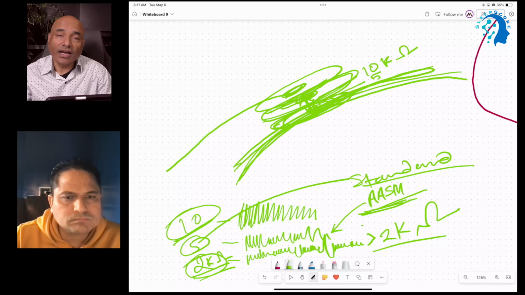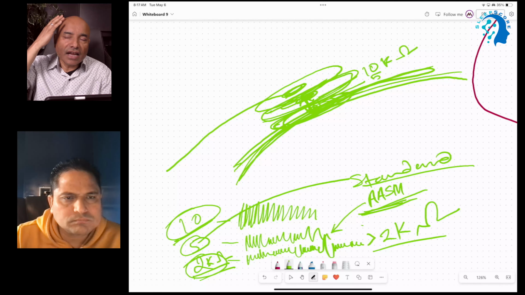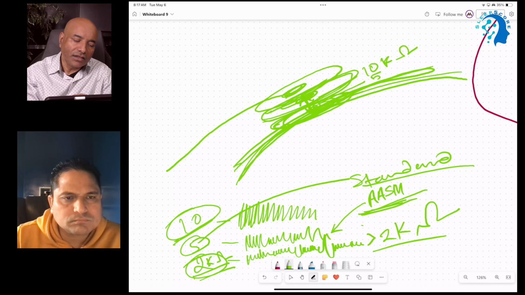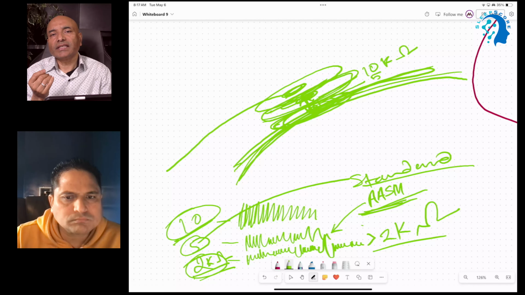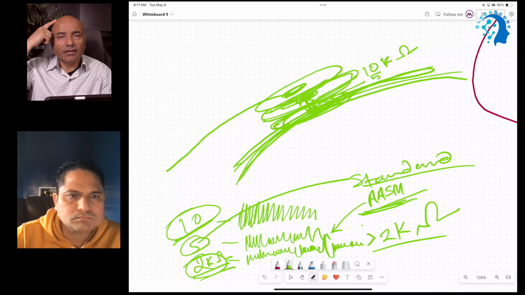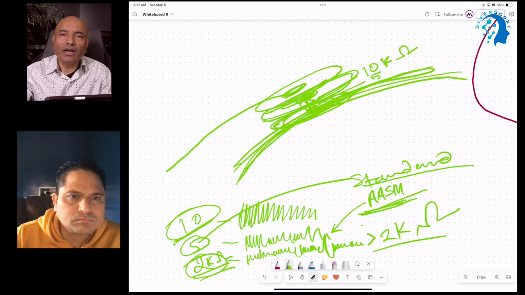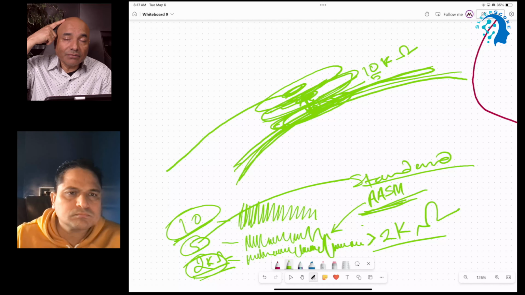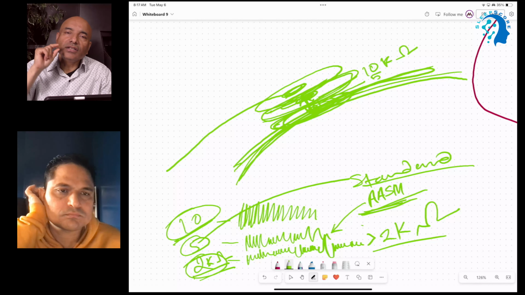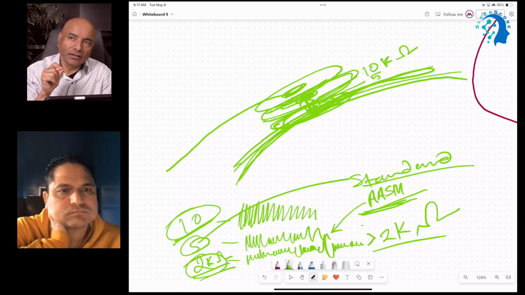If you do that, then you will get less than 5 kilo ohm. And the best thing to do is clean the spot and wipe it with the alcohol wipes and then place the electrode. Then you'll get a really good signal.